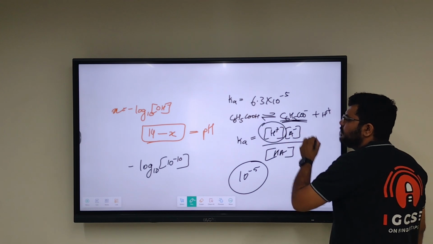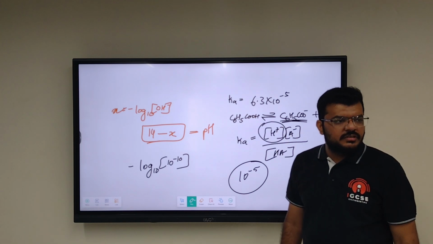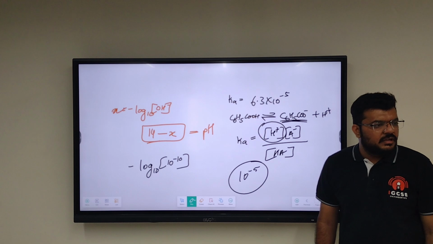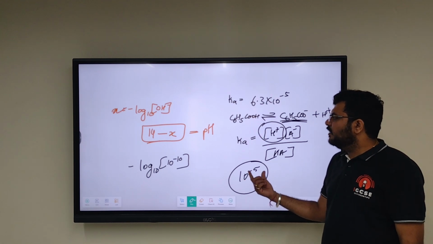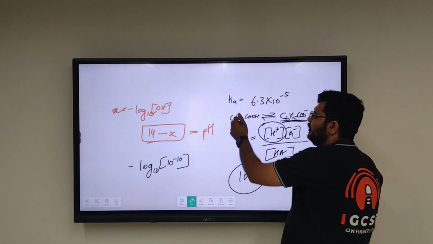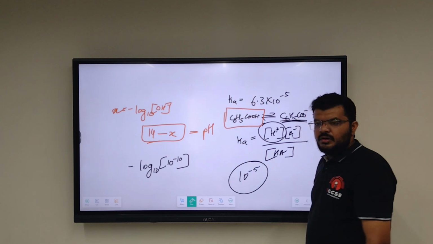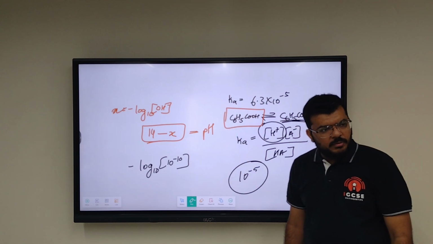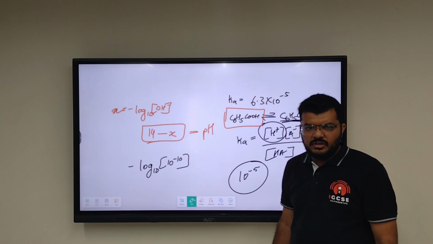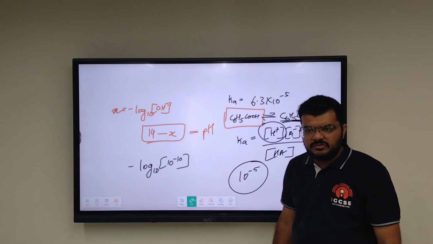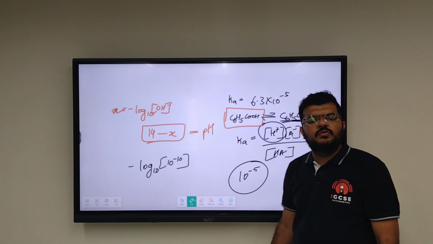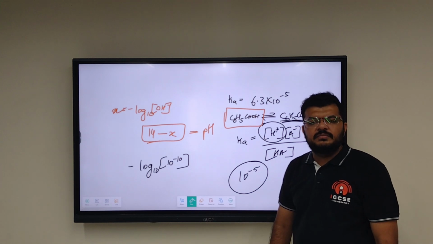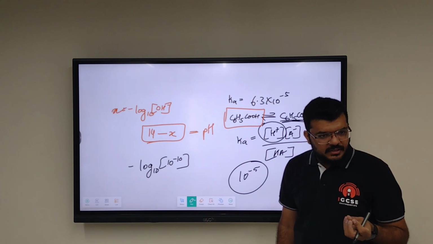So the value of H plus ion is going to be even smaller. The value 10 to the power minus 5 means that the reactant is more in concentration compared to the products themselves. Because of this, the value of H plus is very small. And if you then find out pH, it becomes much less, right?